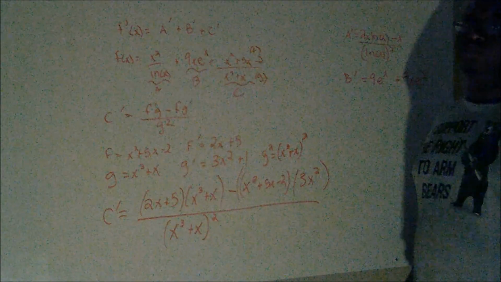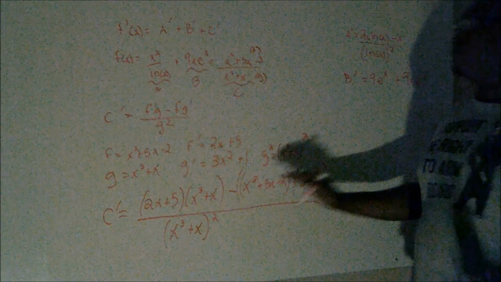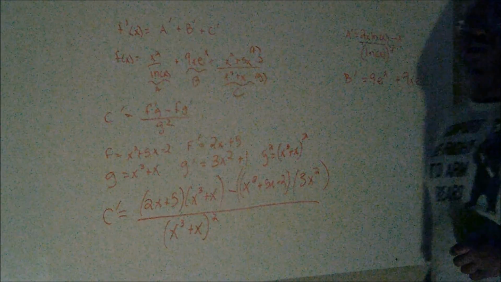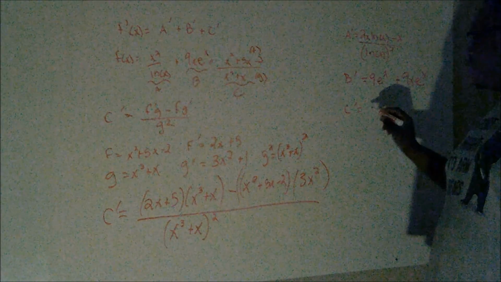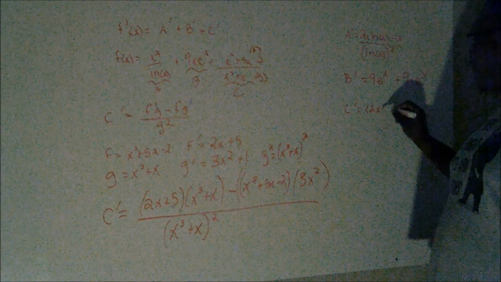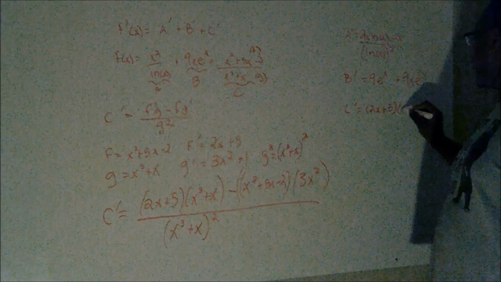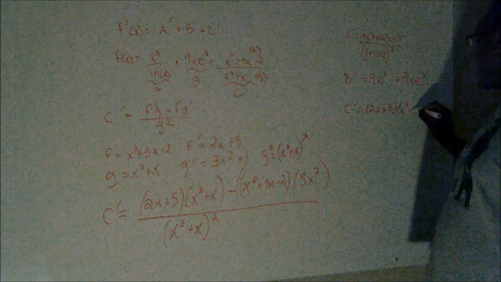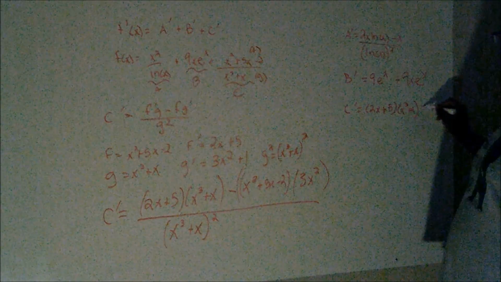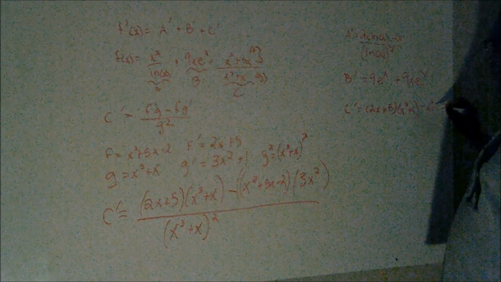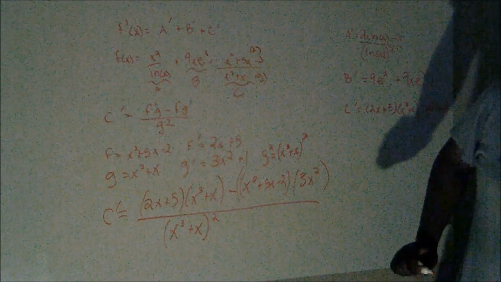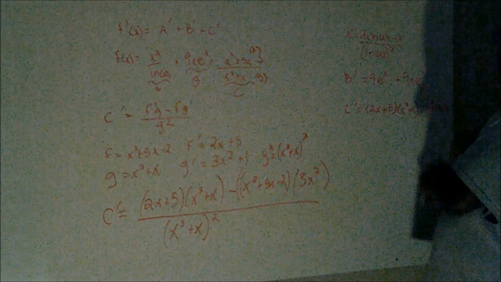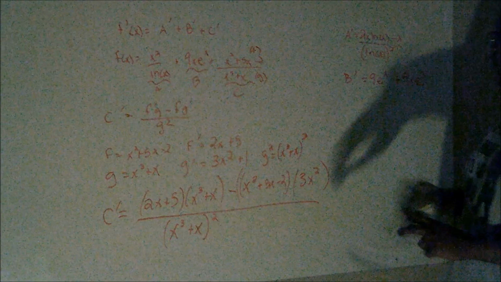Now that we have that, this is our c prime. Notice it's extremely large. So what I'm going to do here is rewrite it over here, and then we will go from there. So we say c prime is equal to 2x plus 5 times x cubed plus x minus x squared plus 5x minus 2. And I'm going to write it a little bit farther out so that we can see it a little better.